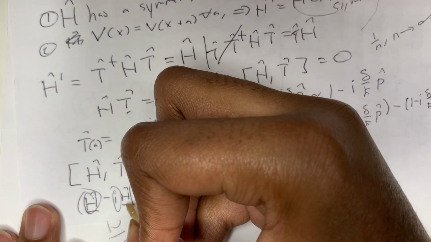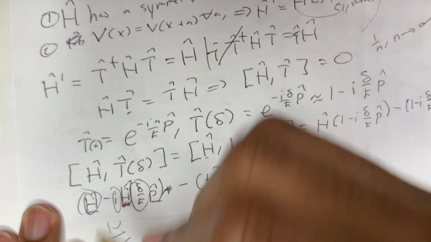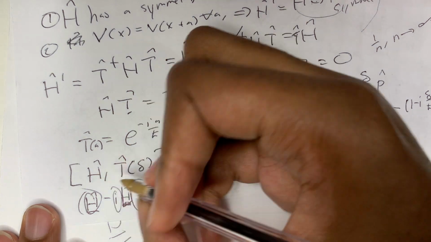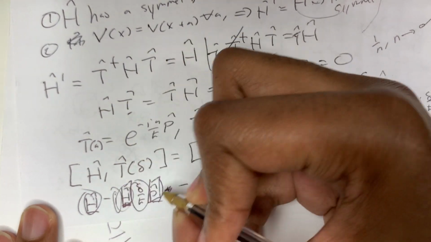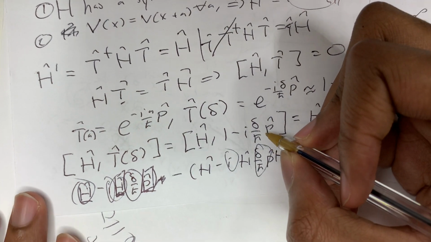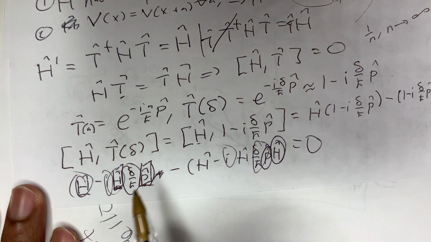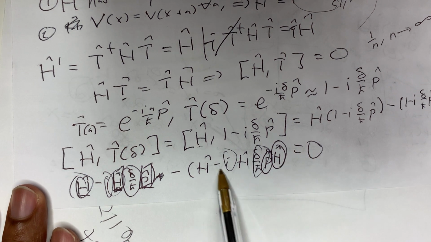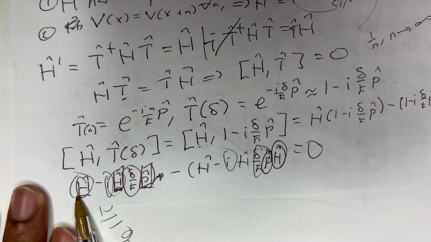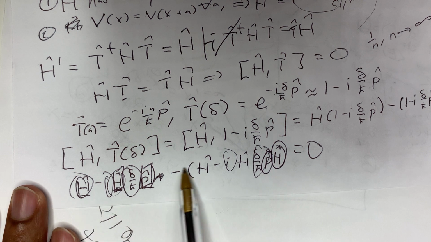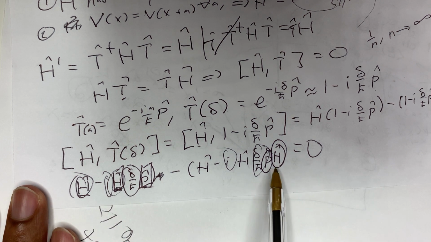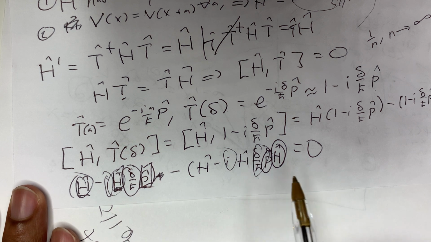So here's the Hamiltonian. Sorry for repeating myself, but I want to make this clear. Here's the Hamiltonian, here's p hat, and then here's p hat, here's the Hamiltonian. If this whole thing equals 0, and everything else is a constant except for this Hamiltonian, which is at the same placement, but here's h bar p hat and here's p hat h bar.